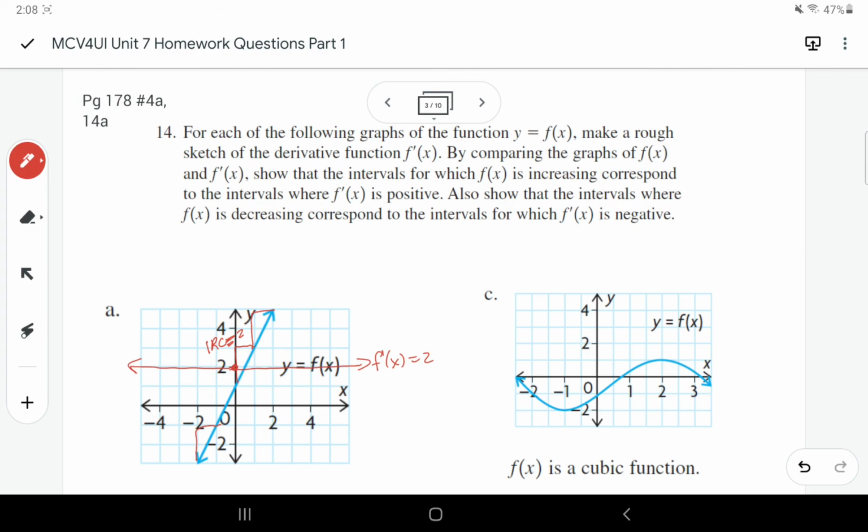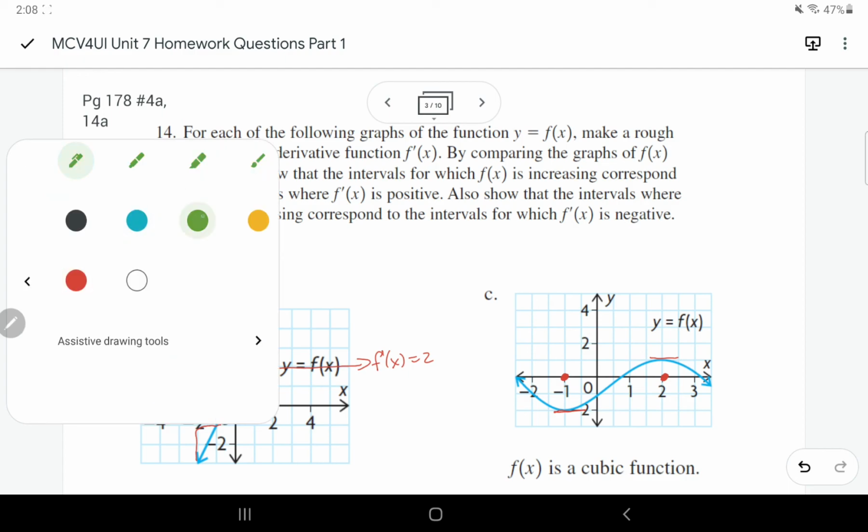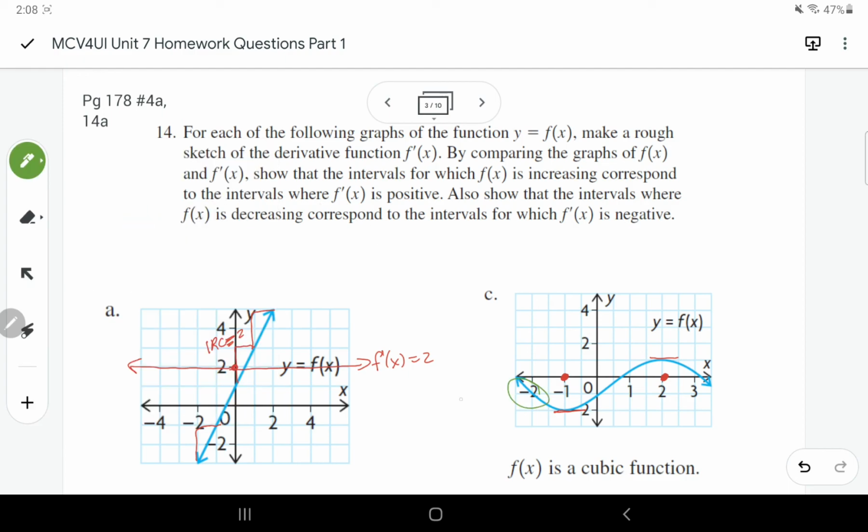For part C, if we were looking at f prime at x, we don't necessarily know a good scale here, but we do know that the slope of the tangent at the max and min points would be 0. So I'm going to put zeros here. And for these sections, let's say here, f prime at x is negative.